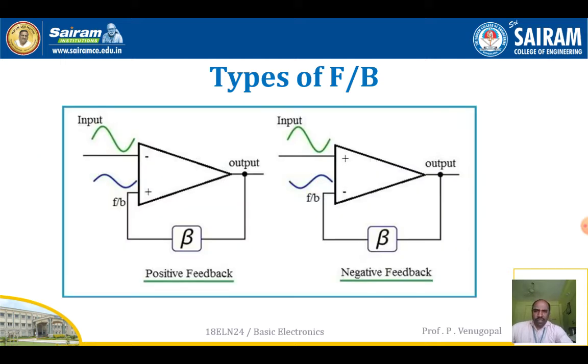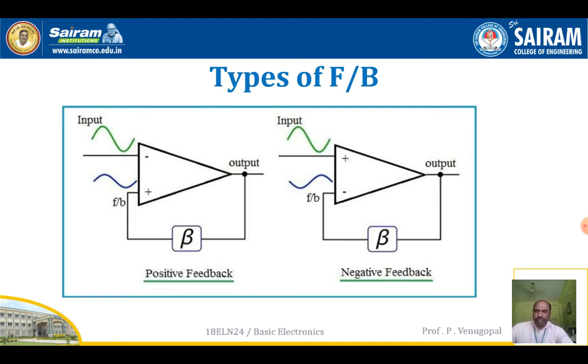Dear students, here you are observing the two types of feedback circuits. One is the positive feedback circuit, another is the negative feedback circuit, where beta is the feedback factor. Here part of the output is fed back to the input signal through the network called the feedback network. Here the phase of the feedback signal is positive, or in phase with the input signal, in case of positive feedback.